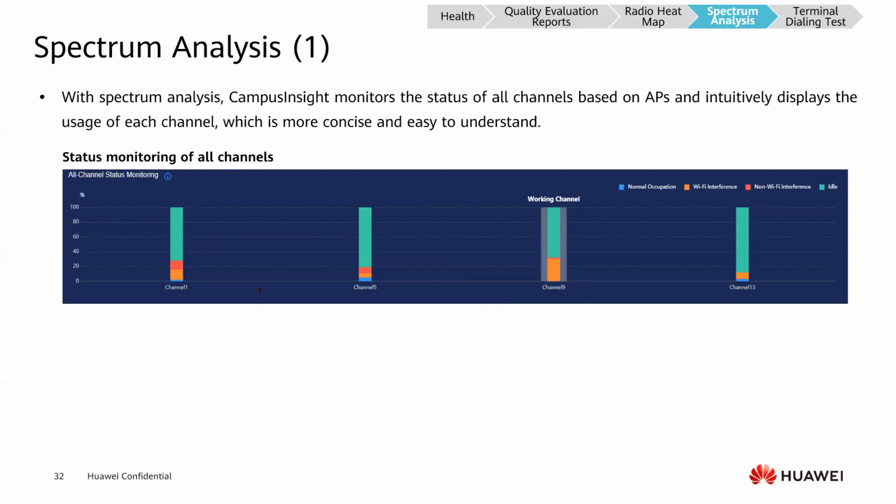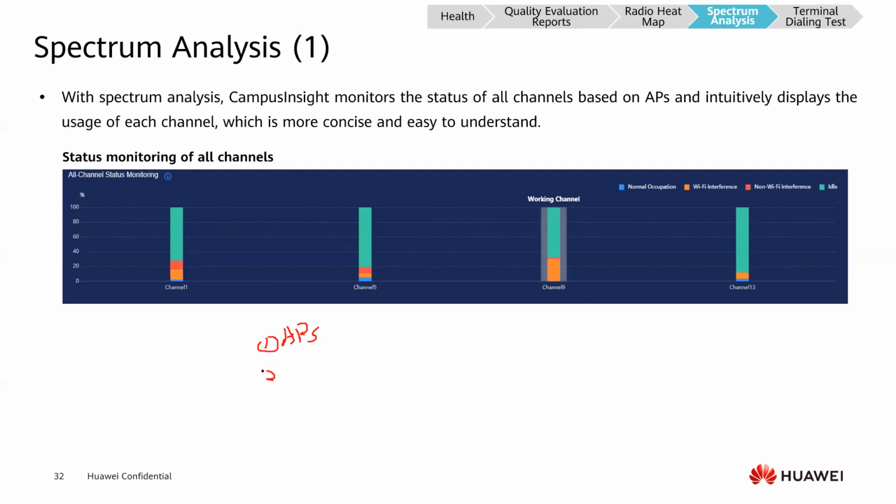And the process for how to analyze the spectrum is as follows. First, the APs will scan all the channels in real time, including the co-channel interference, non-Wi-Fi interference, and the normal usage radio of the channel.